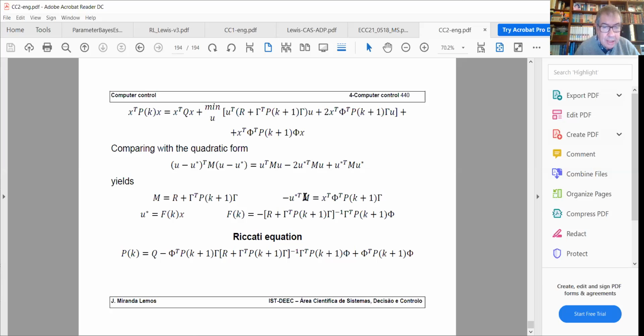Now the U star is minus M inverse times this stuff.